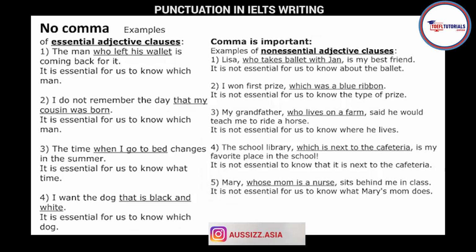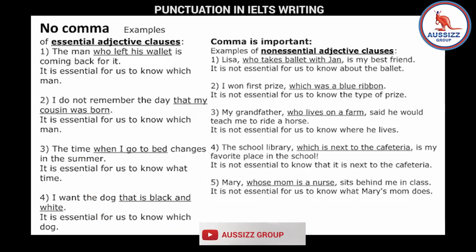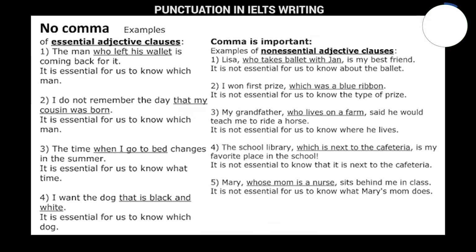Essential adjective clauses means the descriptive information in the sentence is necessary. If it is necessary in the sentence, don't put a comma. And if it is not necessary, put a comma, because it shows that you are adding it as non-essential.